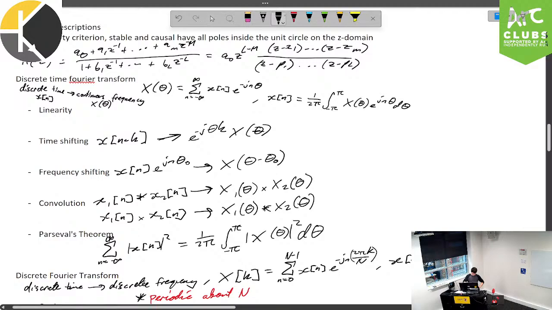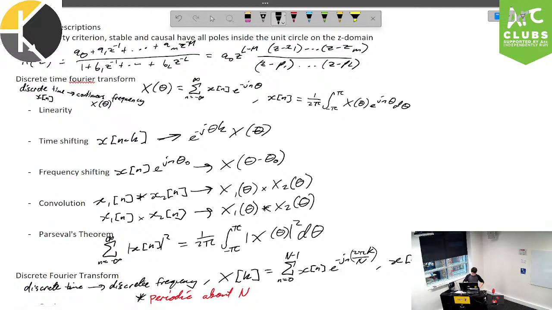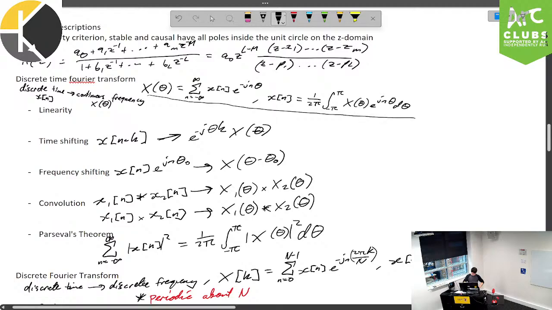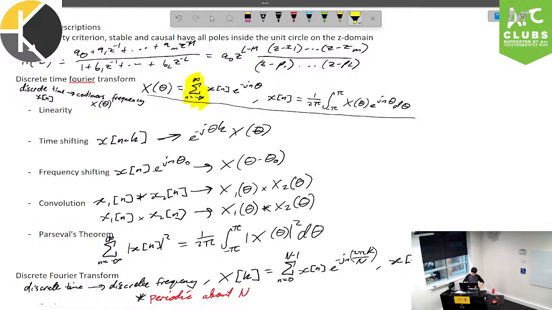However, in the discrete time Fourier transform, we're moving from discrete time still to continuous frequency. Okay? And so, where we would typically have an integral, we now have a sum. All right.